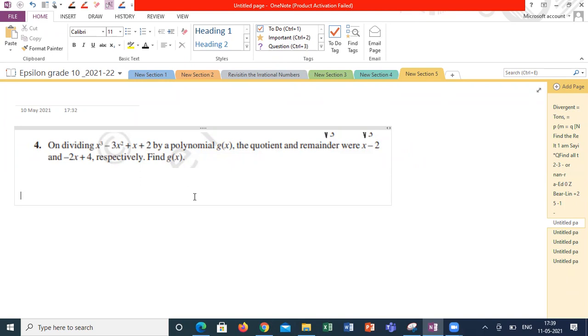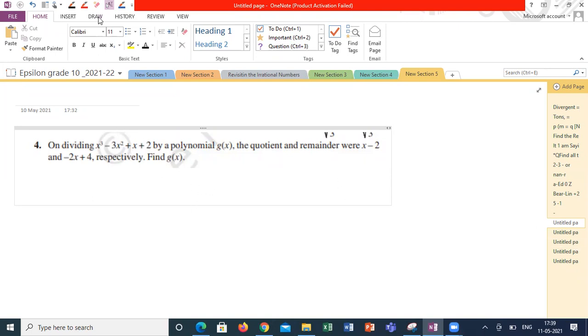How will we use the remainder theorem here? Sorry, not remainder theorem, guys. Division algorithm, not remainder theorem here. How will we use the division algorithm here?